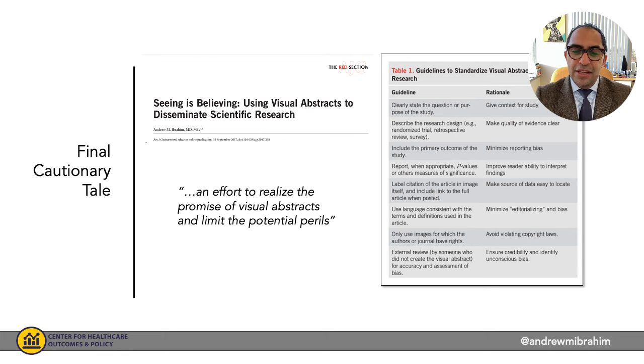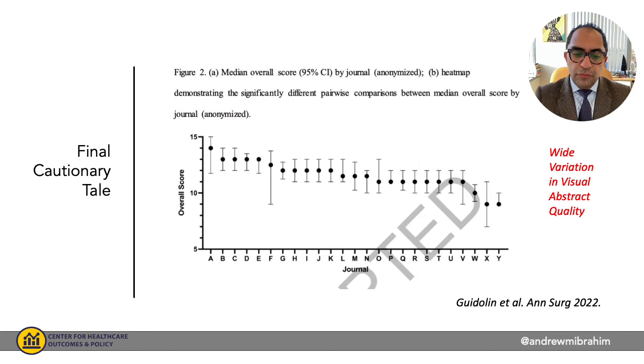But what was really striking is this study that came out a few years later. This was in Annals of Surgery, and the authors went through 25 surgery journals that have adopted the visual abstract and ranked them both on those guidelines, like did they adhere to guidelines on content accuracy, study design, and visual quality.